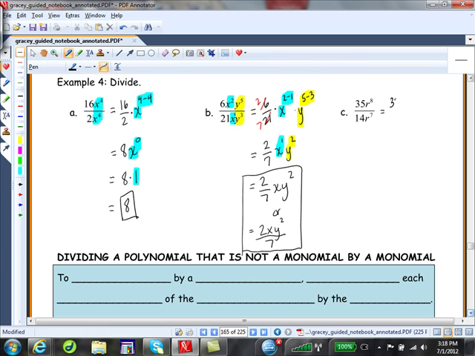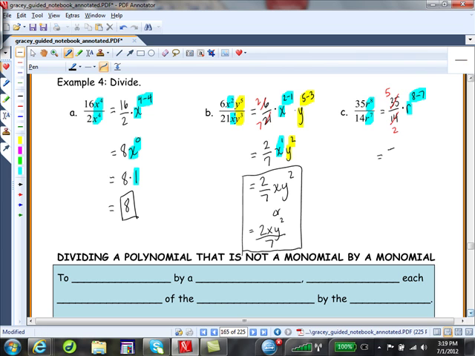Here we go. This one will be 35 divided by 14. And then times, we have r's this time, so we have r to the 8 minus 7. So this is how the r's went. And do you see that 7 divides both 35 and 14? So 7 goes into 14 twice and into 35 5 times.